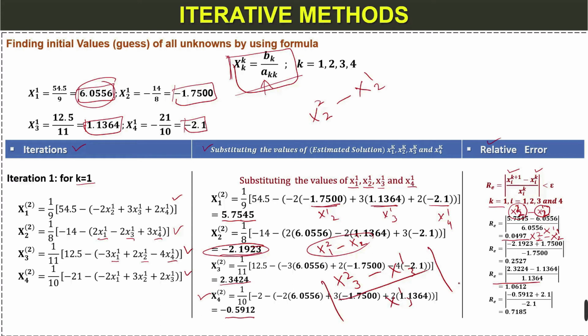And similarly for the fourth one, x24 minus x14 divided by x14. Okay, so this is the way we can calculate the relative error for the first iteration. Now we will move forward to iteration 2, and we will use all these new estimated solutions.